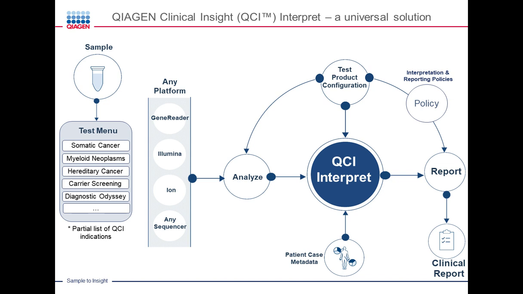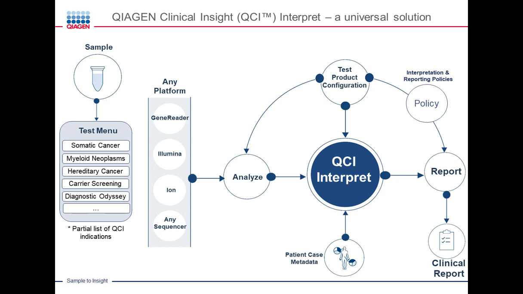You can use any sequencer to perform your sequencing, although QCI also provides an optional secondary analysis pipeline called QCI Analyze for translating your raw sequencing data into detected variants. You can use whichever sequencing analysis pipeline you prefer.